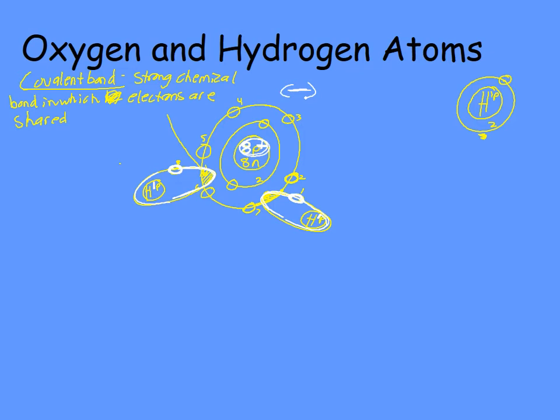The opposite is true as well. Because these electrons spend less time around the hydrogens, the hydrogens get their negativity pulled away a bit, and they take on a slightly positive charge. That is called being polar. Polar means having negative and positive poles or ends to the molecule.